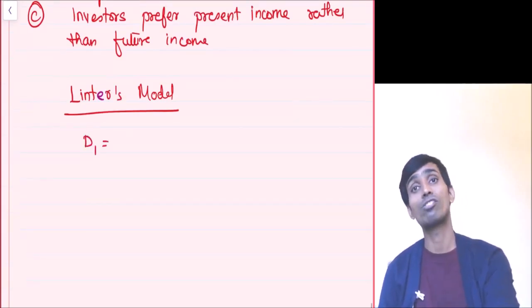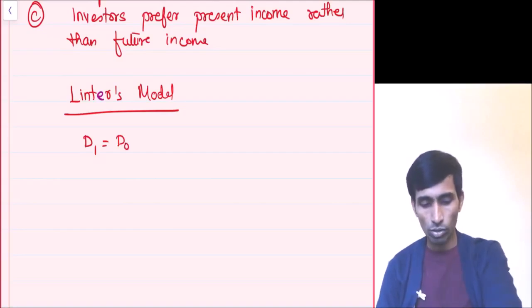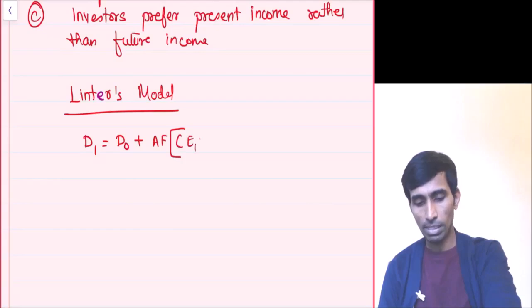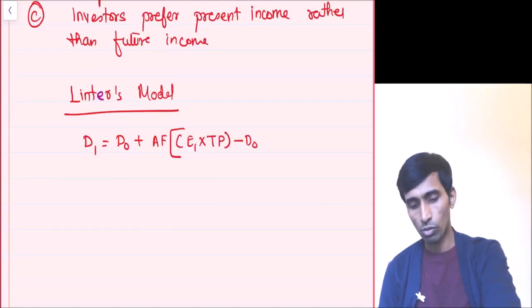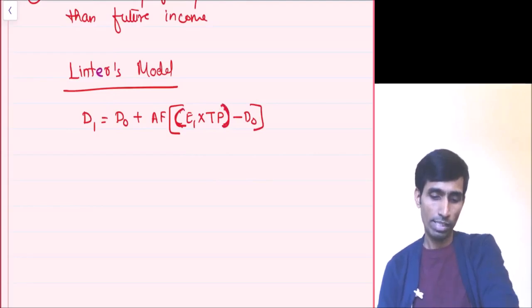This is the model now which is based on dividend, not on price. It gives you the expected dividend. This formula is for dividend. D0 plus AF, the adjustment factor, into the bracket: E1 multiplied by target payout ratio minus D0, and then the bracket closes.